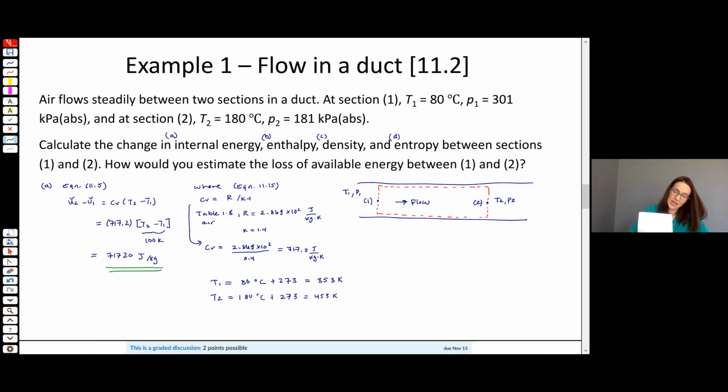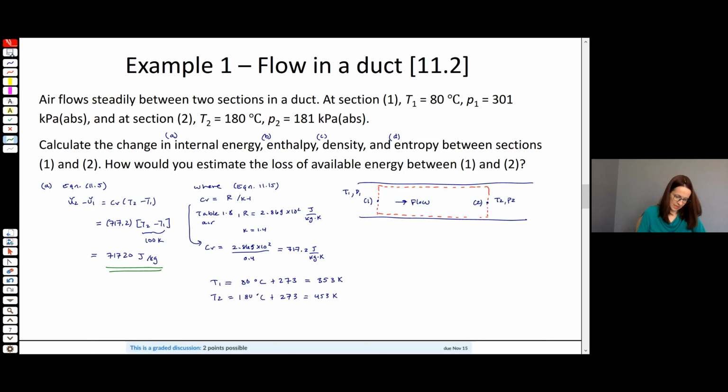The flow is being heated, right? So it enters at section 1 at a lower temperature, 80 degrees C. As it moves to 2, it's at a much higher temperature, more than twice, at 180 degrees C. So it makes sense that the delta internal energy is a positive quantity. That tells us the internal energy has increased as we've flowed from section 1 to section 2. Makes sense.